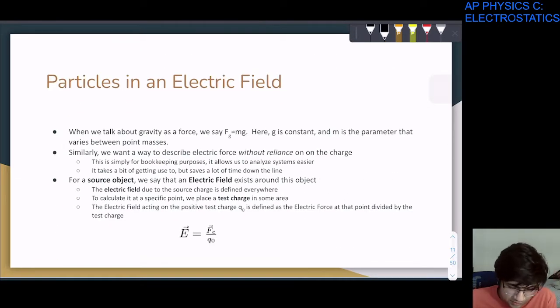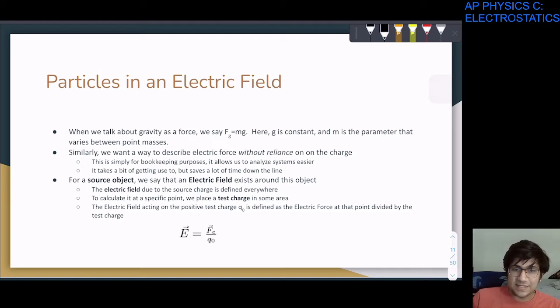Okay, now when we talk about gravity as a force, we were saying that F equals mg. So here g is a constant, and m is the parameter that varies between different objects. Now the problem is that we want a way to describe electric forces without reliance on the charge.